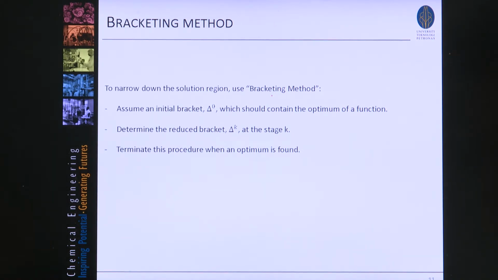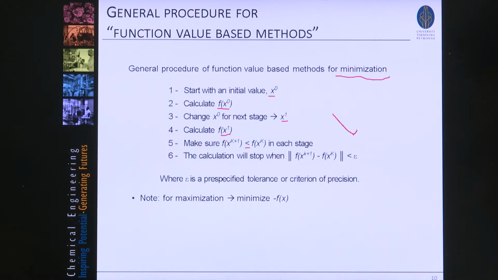A bracketing method is based on that function value method. So we know that at this point we have a minimum. We have this value, that value, this value, and that value, for example another value here. We know from here and there it's decreasing, and then from here it increases.